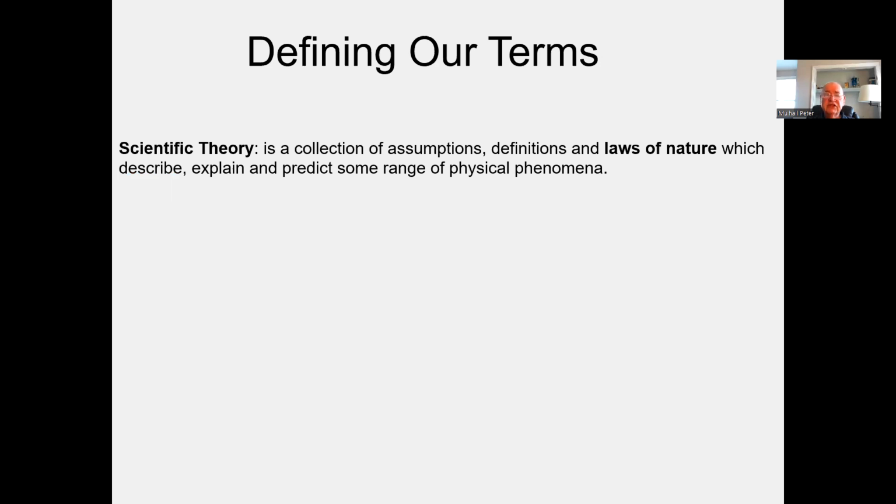A scientific theory is a collection of assumptions, definitions, and laws of nature, which you've just defined, which describe, explain, and predict some range of physical phenomena. It definitely does describe, explain, and predict. It is not just a theory in that colloquial sense.